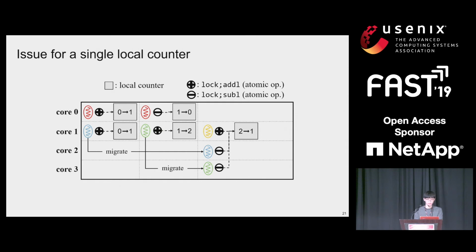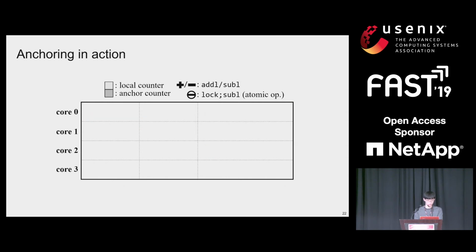So in summary, if you use a single local counter per each hash entry, either you have to flush the local reference hash to the global one, or you have to use atomic instruction. The former incurs time delay, and the latter incurs contention overhead, which degrade performance. Now we understand why we need two counters for each object.